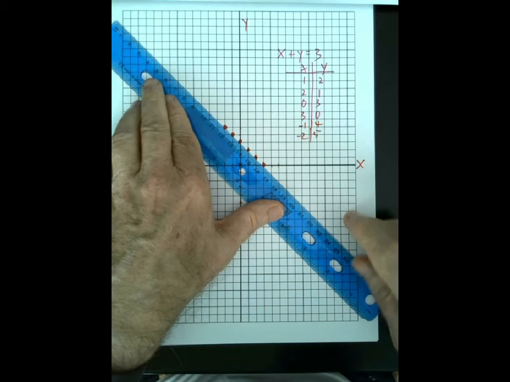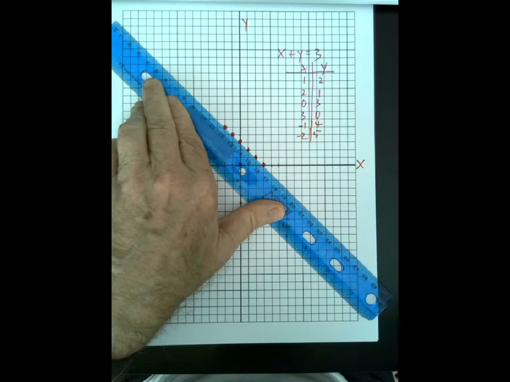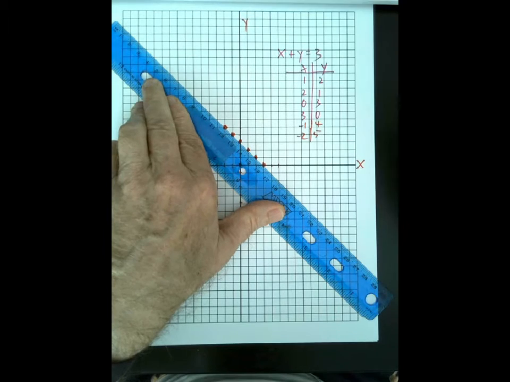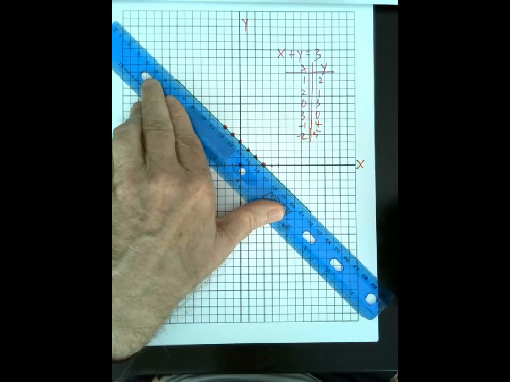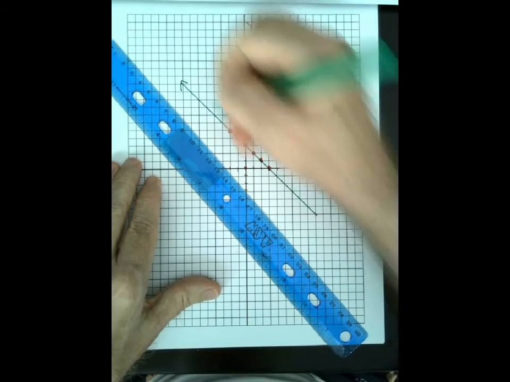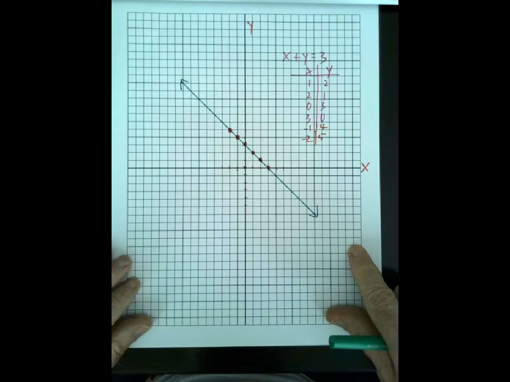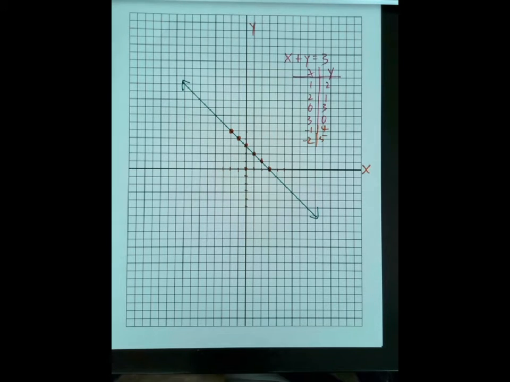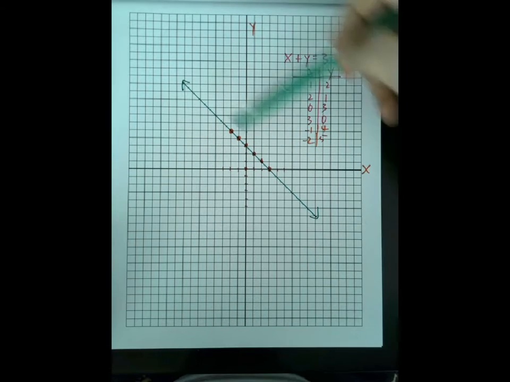That means every single ordered pair that makes this equation true will be somewhere on this line. I'm going to use my ruler to draw the straight line through, and put arrows on the ends to show that it can just keep going. That line now represents all the ordered pairs that make the equation true, and a line is made up of an infinite number of points, so all the solutions are there.